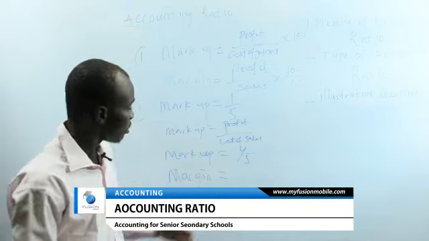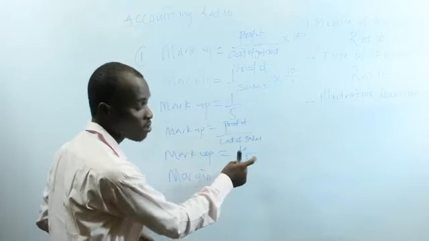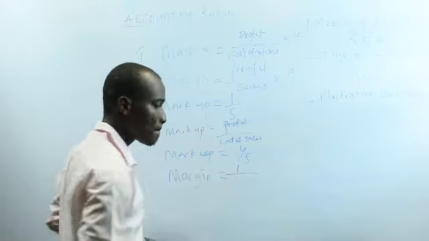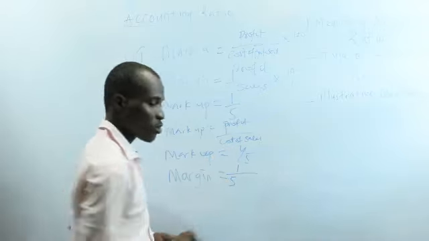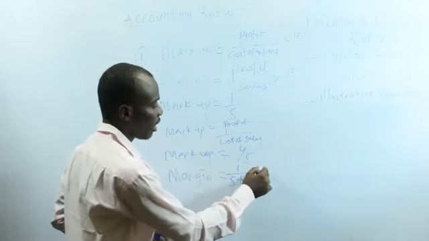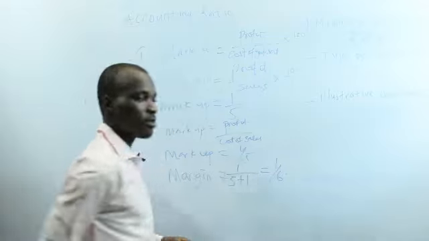Cost of sales. So we have to convert this cost of sales to sales. So we have 1/5. The profit will be added to the cost of sales to become sales. That will give us 1/6.